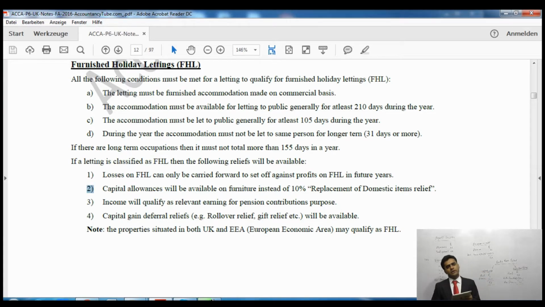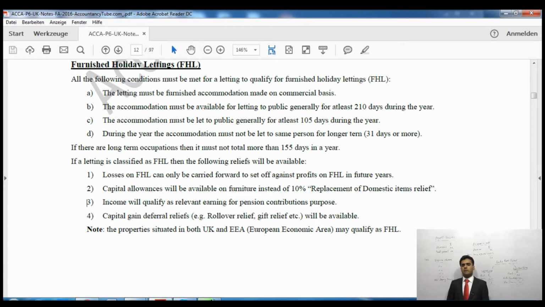Now how can we know that it is a furnished holiday property? Say for example, as I told you in the previous video, if I have a property in central London, that will not be classified as a furnished holiday letting. What does the name say? It says holiday letting. Central London especially is not a holiday spot, is it?